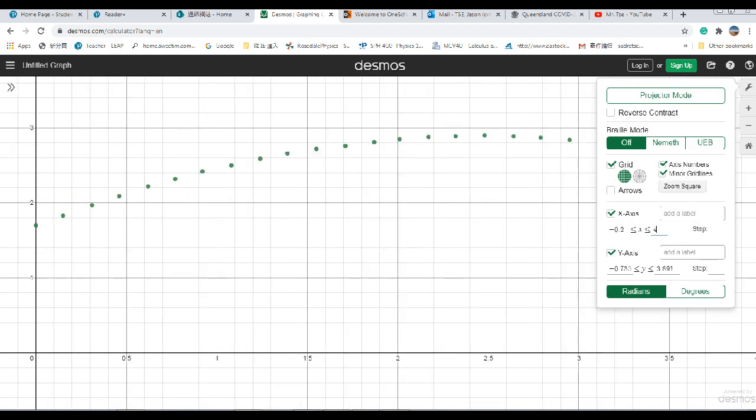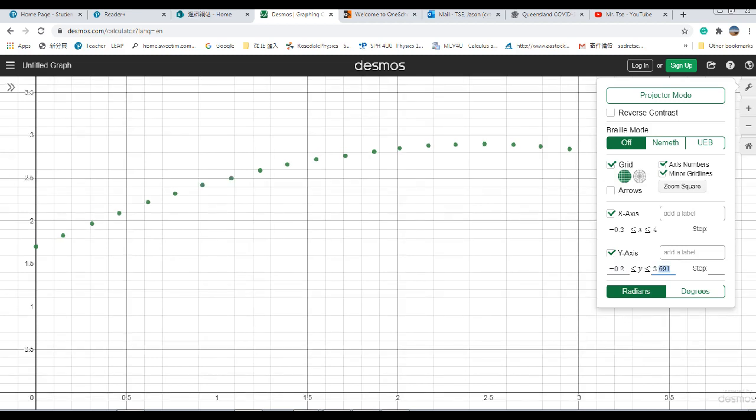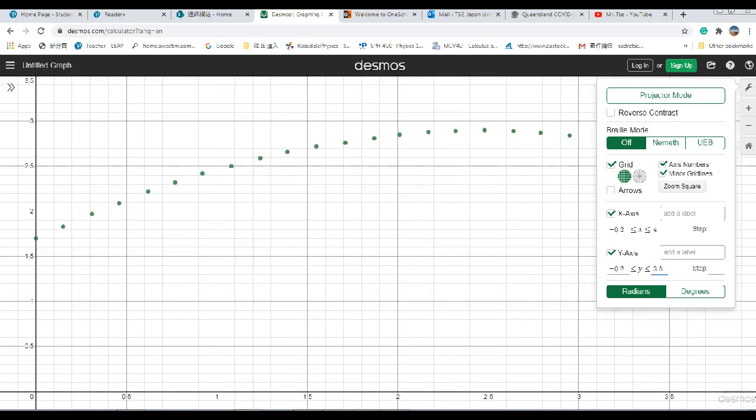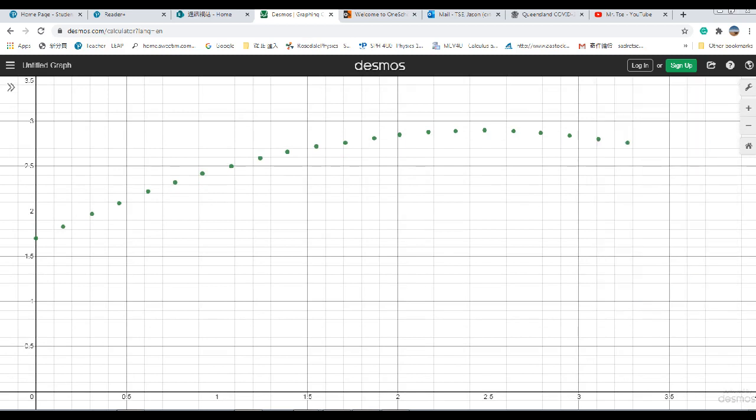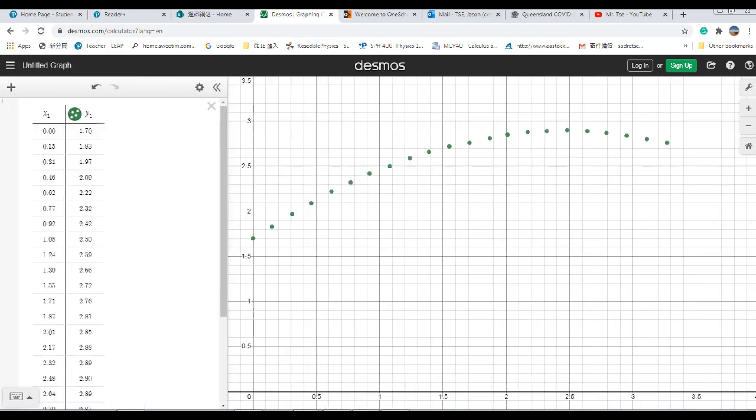For the y value, it seems like it's from 0 to 3, so we'll put it from minus 0.2 to 3.5. Now you see the graph pretty much occupies the whole screen. Next we are going to find the equation of such a graph.